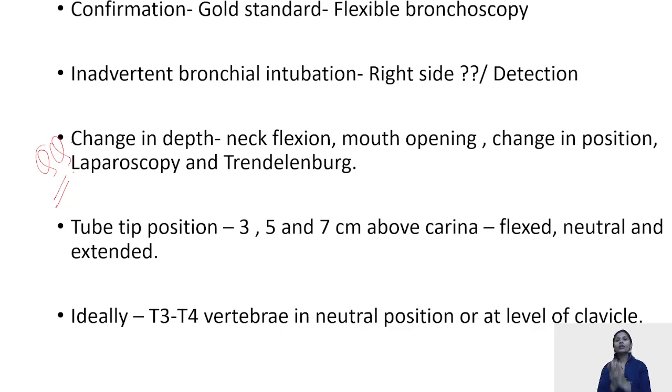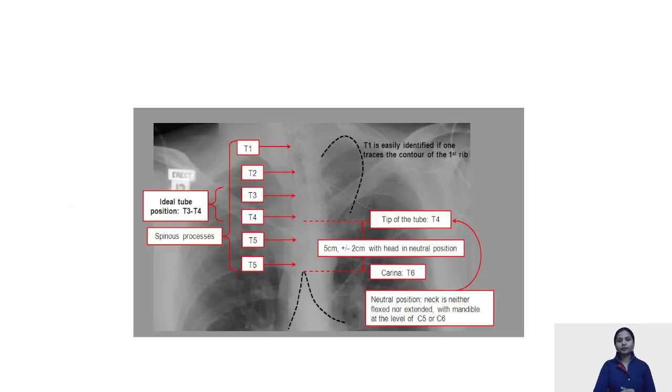When the patient's neck is flexed, it is 3 centimeter, neutral 5 centimeter, extended then it is 7 centimeter away from the carina. This is the best position. The carina is at the level of T4. The tip of the tube has to be at the level of T4. Just remember this.